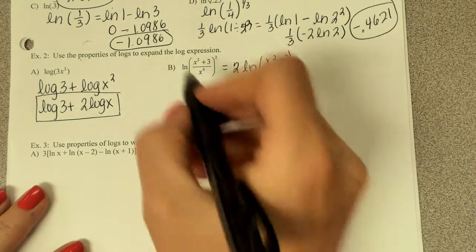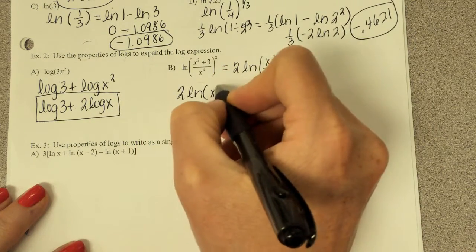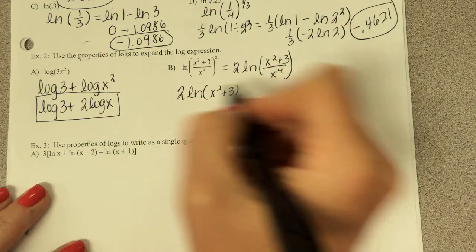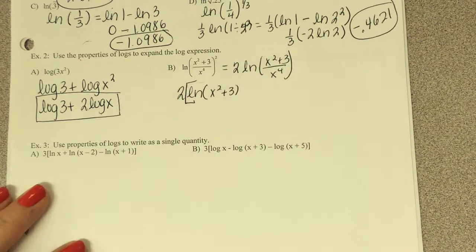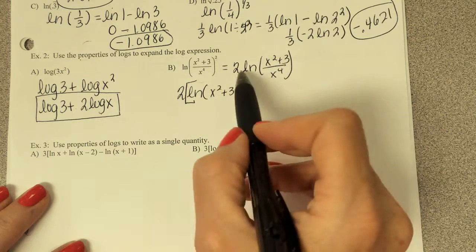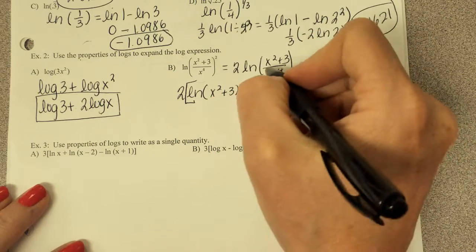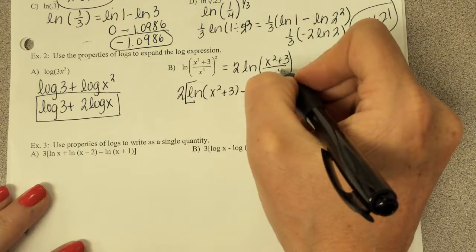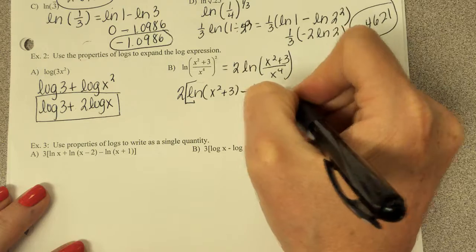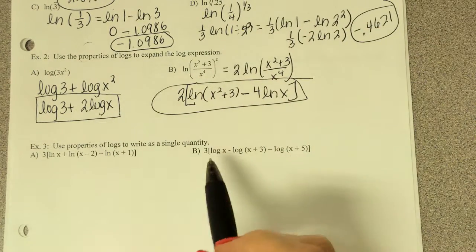So now I'm going to have 2 natural log of x squared plus 3. And this 2 goes with the whole thing, so I have to put parentheses here to show that the 2 goes with both. It goes with the top, and then minus. And then if I have natural log of x to the 4th, that's 4 natural log of x. And that would be the expansion there.